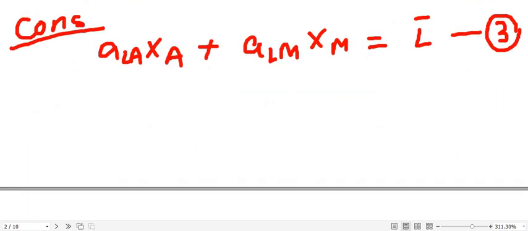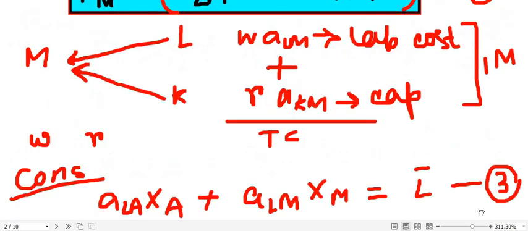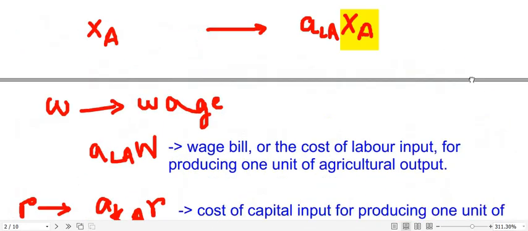Now we consider the capital market. Again, as you can guess, we will have K bar on this side because the capital has to be distributed within the agricultural sector and the manufacturing sector.